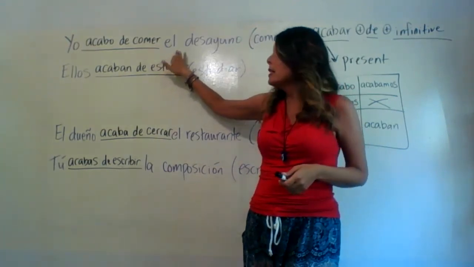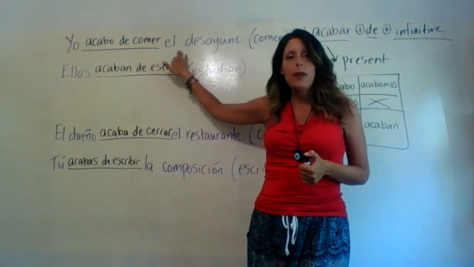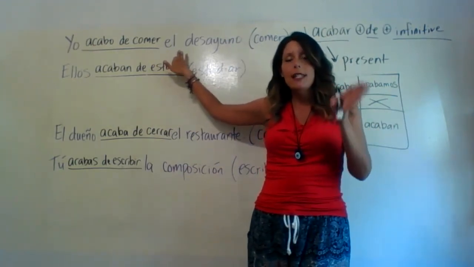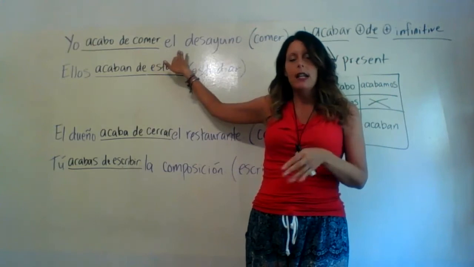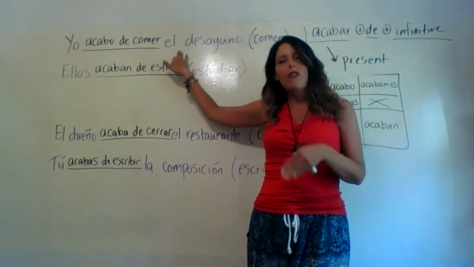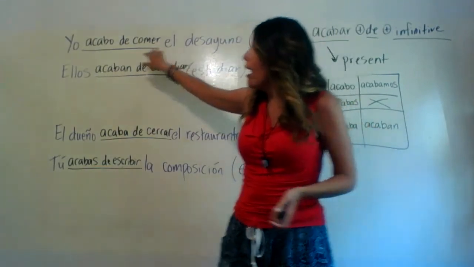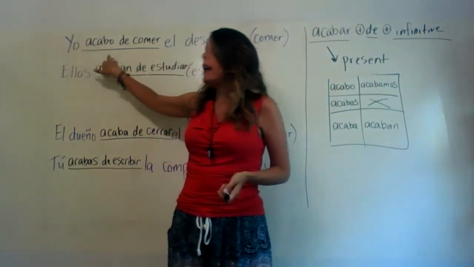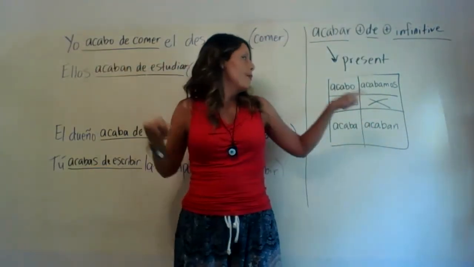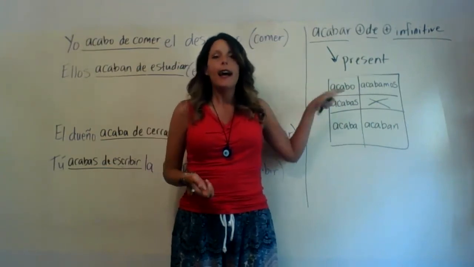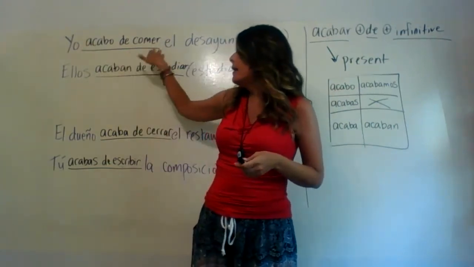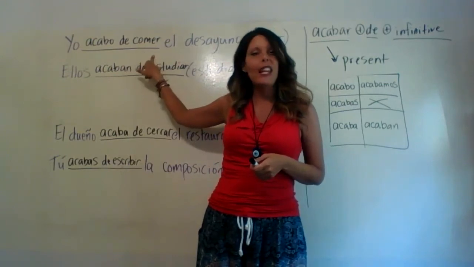So this sentence right here, you're responding to me, I just ate breakfast, using acabar plus the infinitive. So we have yo and then acabo, this one right here, and then the word de, and then the infinitive to eat.